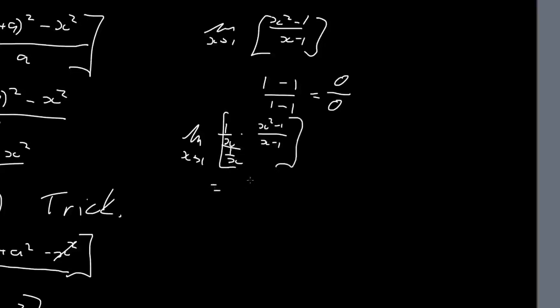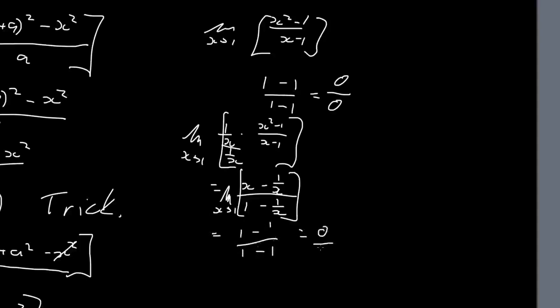So that is equal to x minus 1 over x over 1 minus 1 over x, with the limit as x tends to 1. If we substitute in x equals 1, we get 1 minus 1 over 1 minus 1, which is again 0 over 0. So we still need to use a different trick.